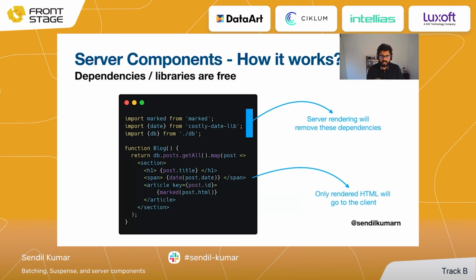So when you're server rendering this component tree structure, for example, I have this blog category, and it goes through all the posts in my DB, and then for each post it's going to create a header, span, and an article, which was basically a markdown conversion. So I used the marked library here, which converts the markdown content into HTML and puts it inside the article component.